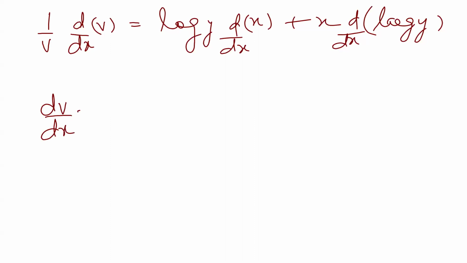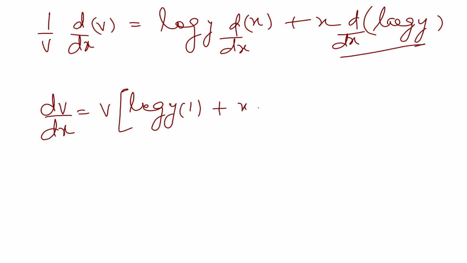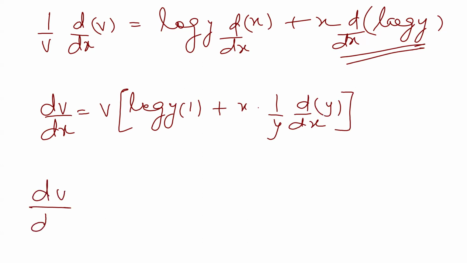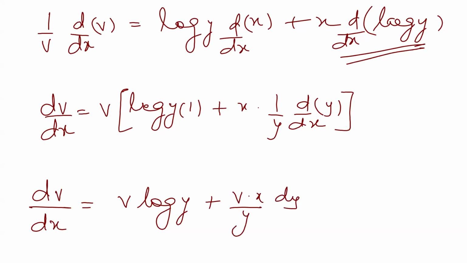So dv by dx is equal to v into log y into 1 plus x times the derivative of log y, which is 1 upon y d by dx of y. Then multiply v within the bracket: dv by dx is equal to v log y plus vx upon y dy by dx.